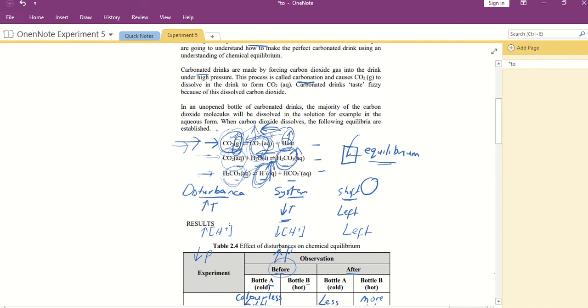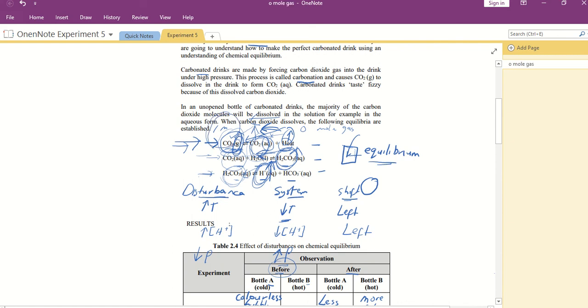So you can see on the left hand side we have 1 mole of gas, while on the right hand side we have 0 mole of gas. So remember that the system wants to increase the pressure, so it will shift to the left because by shifting to the left, it will produce 1 mole of gas.